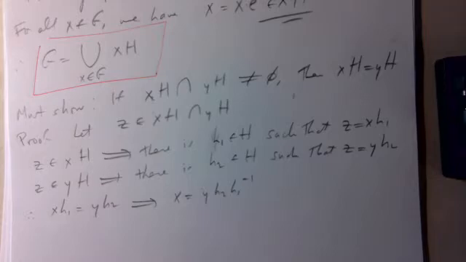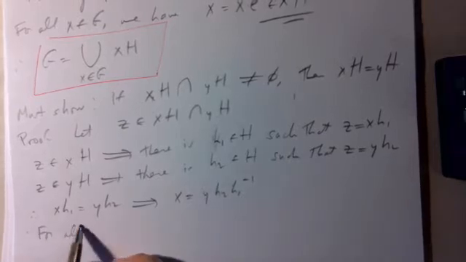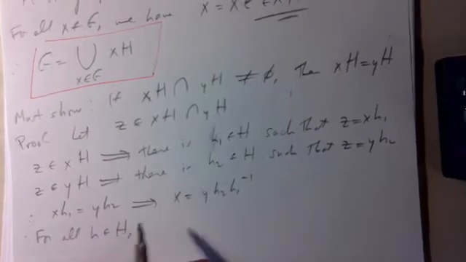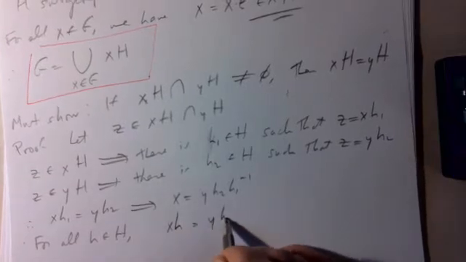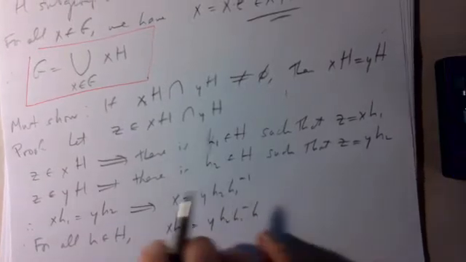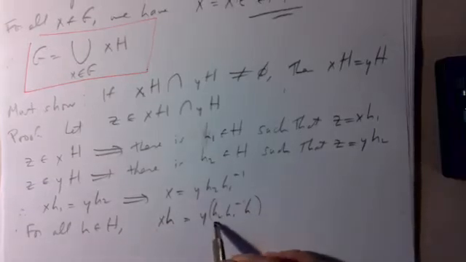So take a look at this and let me know if there are any questions. This is sort of a key thing. So it follows that for all H in the subgroup H, XH is YH2H1 inverse H. So XH is Y times this element.